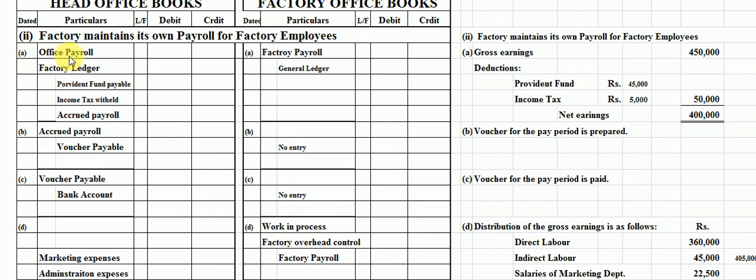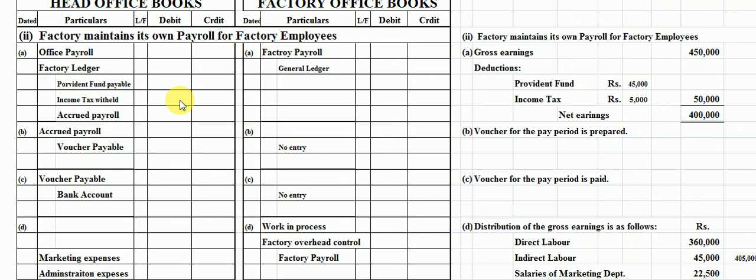Office payroll means admin payroll and selling payroll here, and factory ledger payroll are the debited form, and provident fund payable, income tax withheld, accrued payroll are the credit form here.